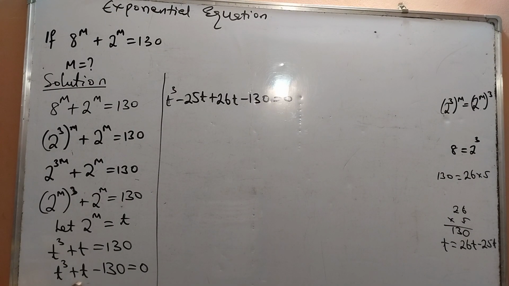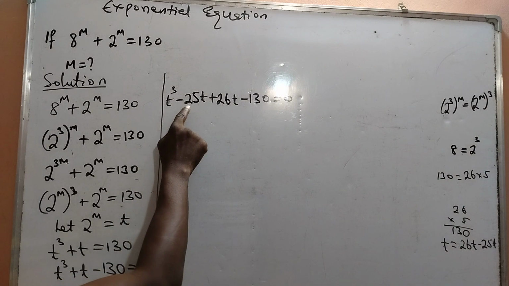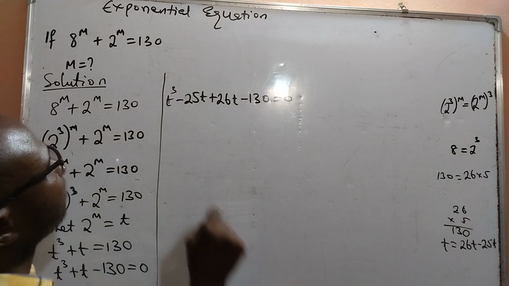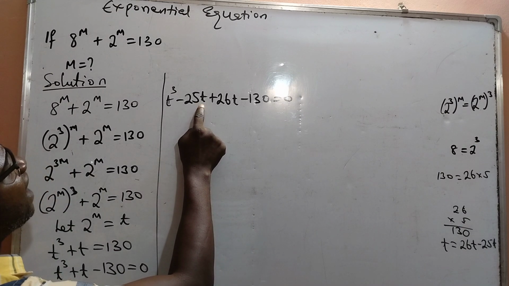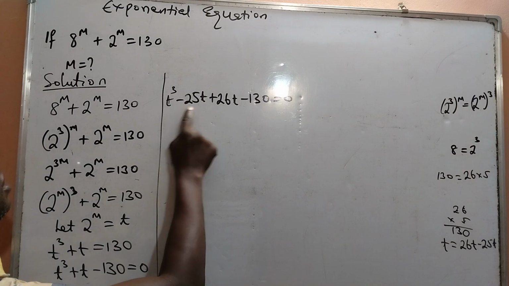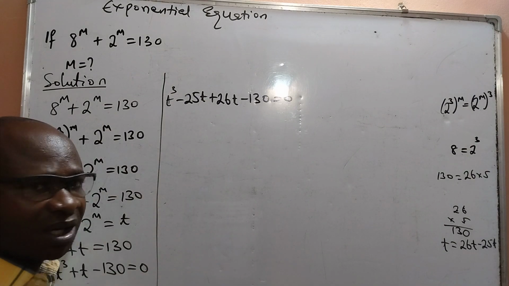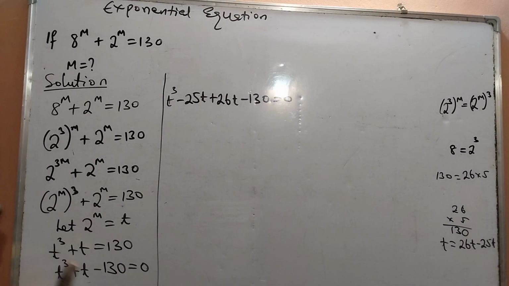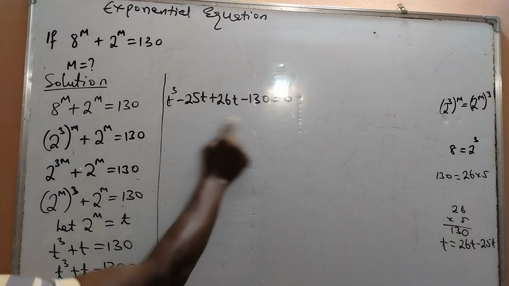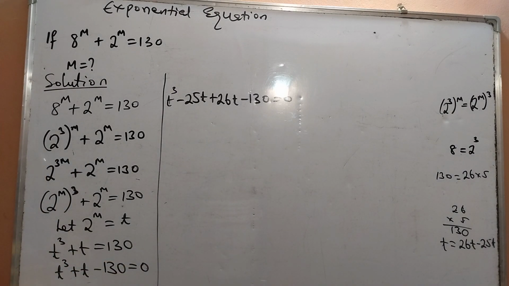What is different is that I have replaced plus t to become minus 25t plus 26t, and minus 25t plus 26t will give me plus t. The essence of it is because I want to factor something common.